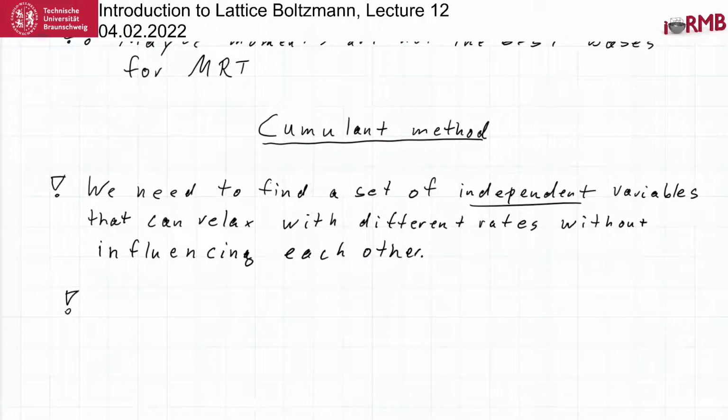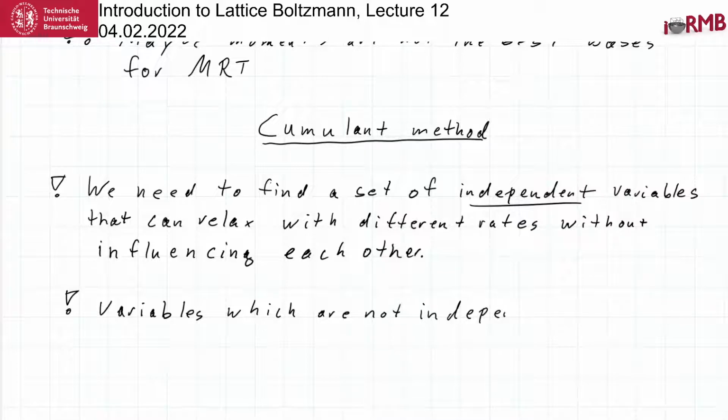And we need variables which are not, variables which are not independent. So if variables depend on each other, they cannot decay independently.